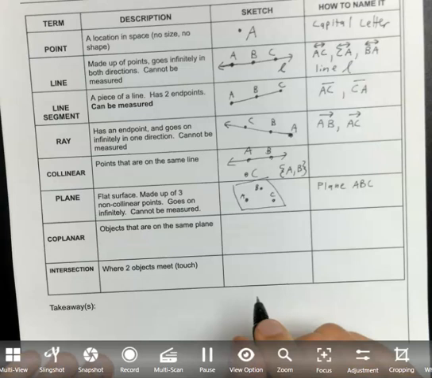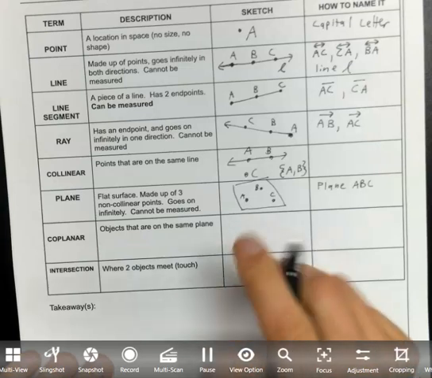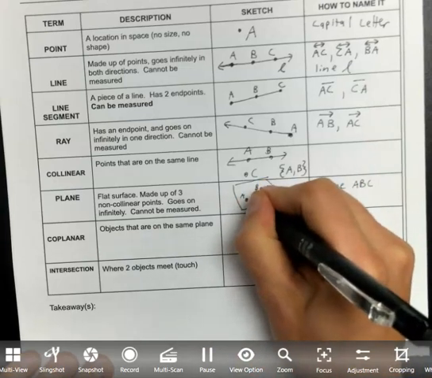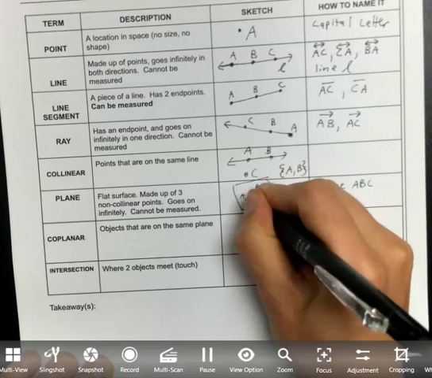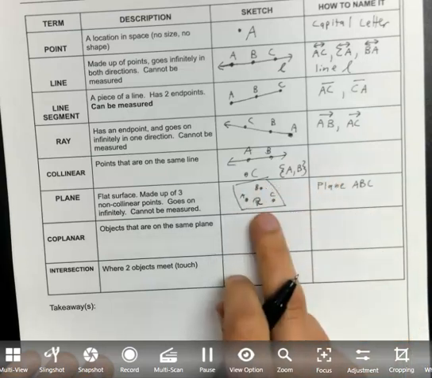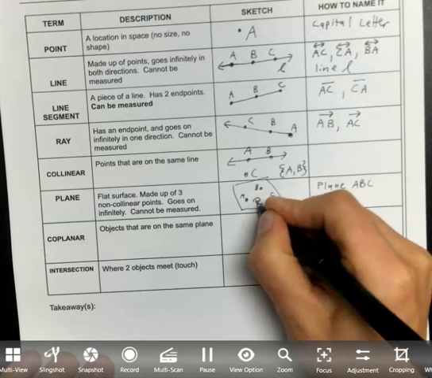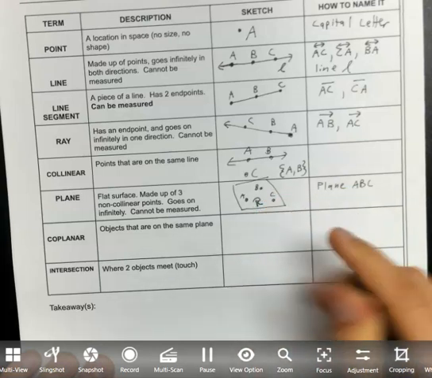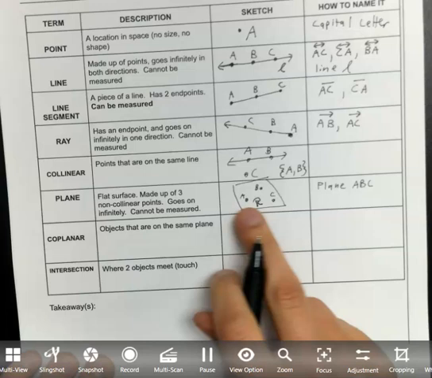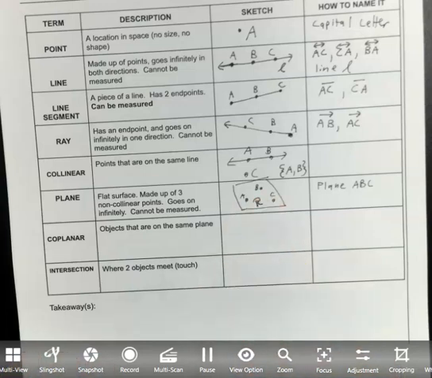The other way that I can name this plane is if I have a cursive letter. Let's pretend we have a cursive R right here. Then that R is not a point. Instead, it's just a cursive letter. It's just a name.